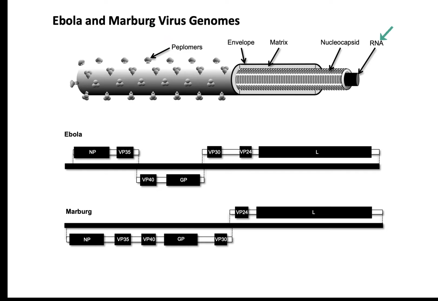So fairly simple viruses. Ebola and Marburg have slightly different forms, but very similar genes. In total, the genome size is about 19,000 nucleotides. So again, fairly small genomes that can bring down a human.